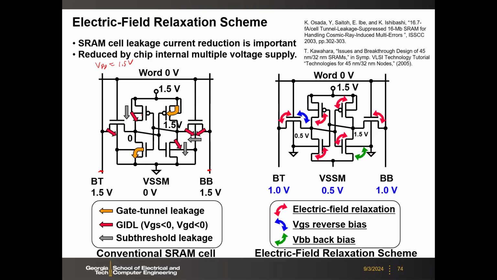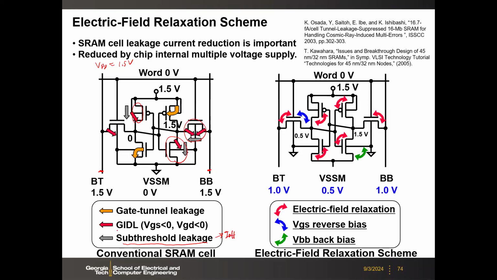We only talked about the I-off in the earlier slide, which is this gray one. In this example, those three transistors here, here, and here will have that I-off. In addition to that, there are other mechanisms for leakage current.